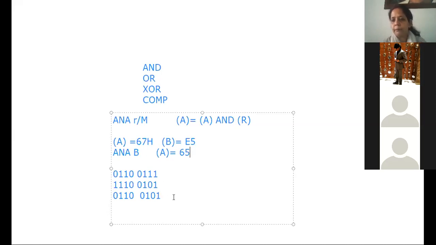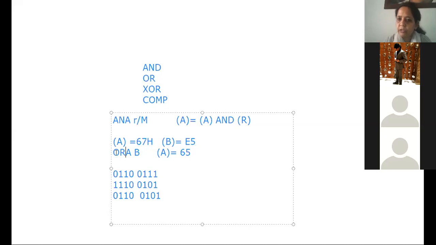Got it? Okay, now similar to AND, there is an OR operation.